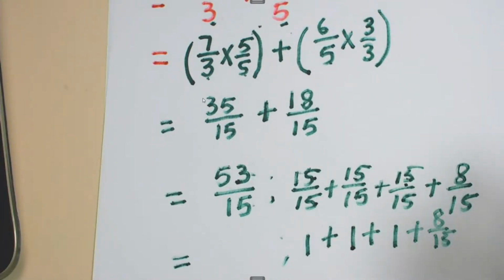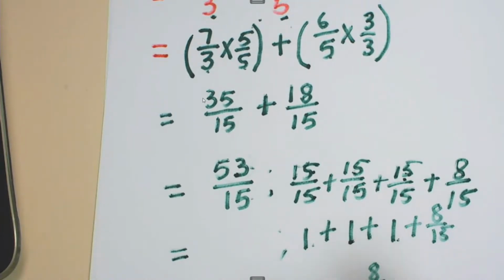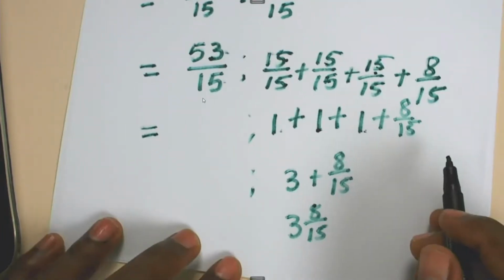It will stay as 8 out of 15. Therefore, 1 plus 1 plus 1 equals 3 plus 8 15ths. Therefore, our answer will be 3 and 8 15ths.